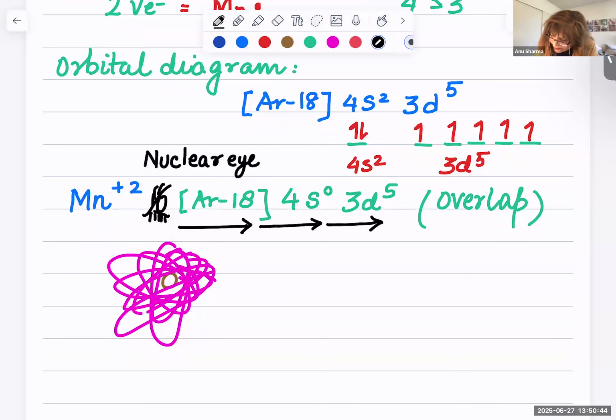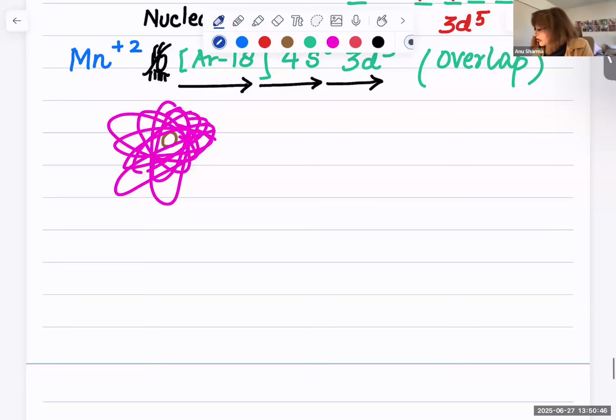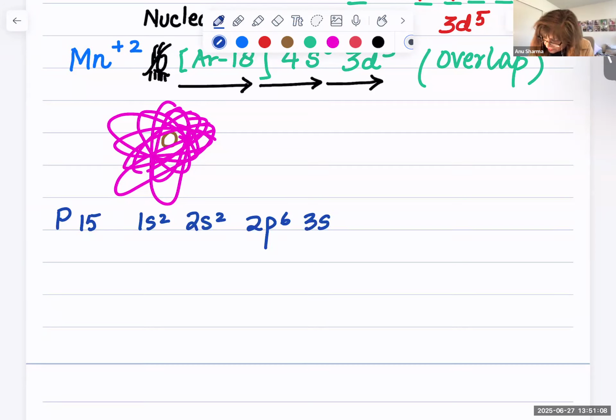So we did sulfur. Let's do phosphorus. Phosphorus is 15, so 1s2, 2s2, 2p6, and then 3s2 and 3p3.